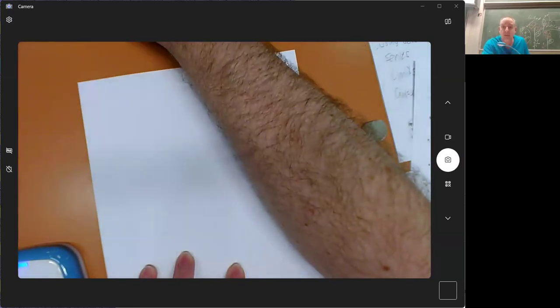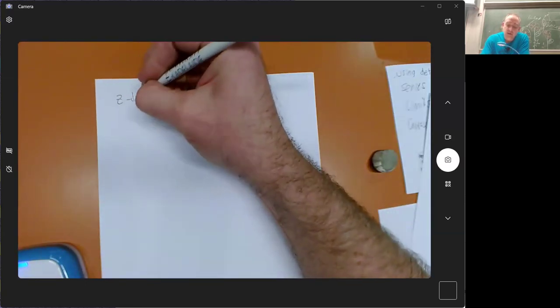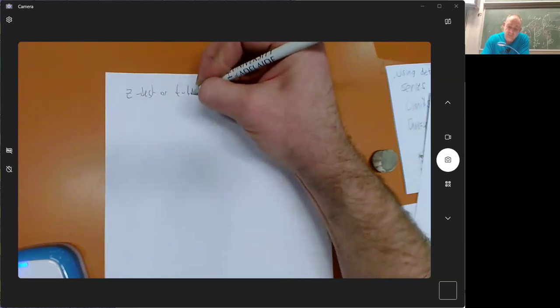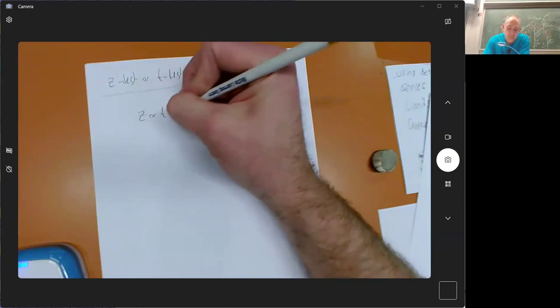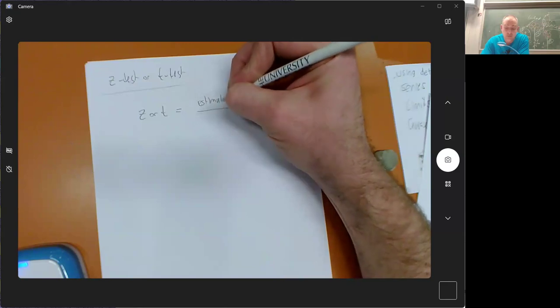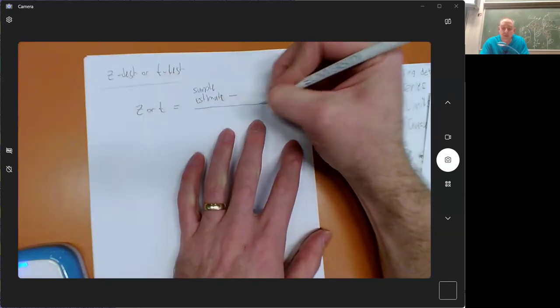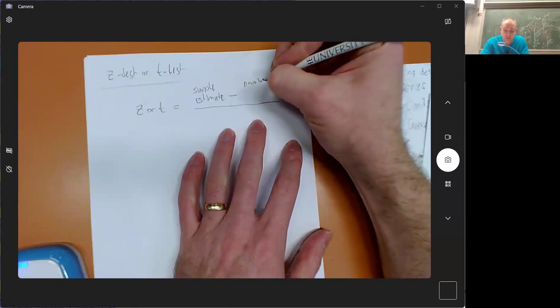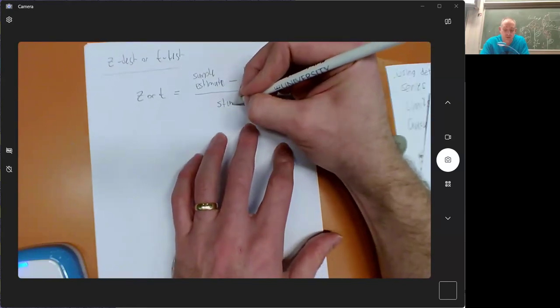The story goes that when you have a Z test or a T test, then you can calculate your test statistic, Z or T, and it will be equal to some estimate from the sample, minus what the number is from the null hypothesis, divided by a thing called the standard error.